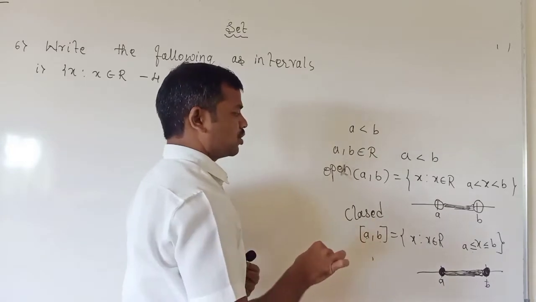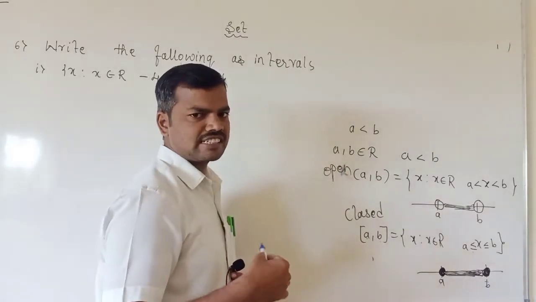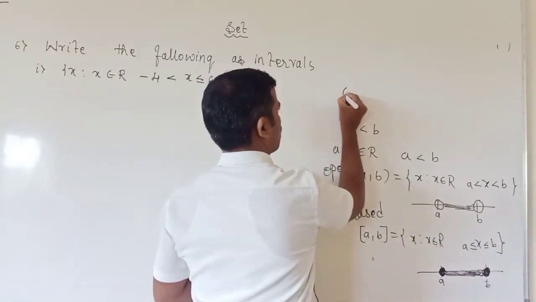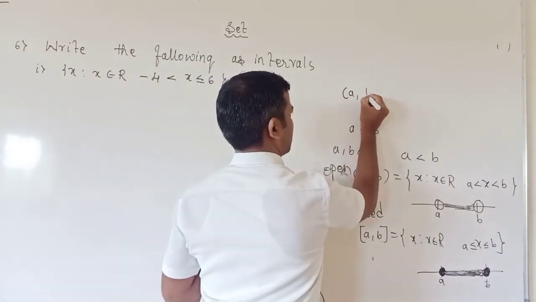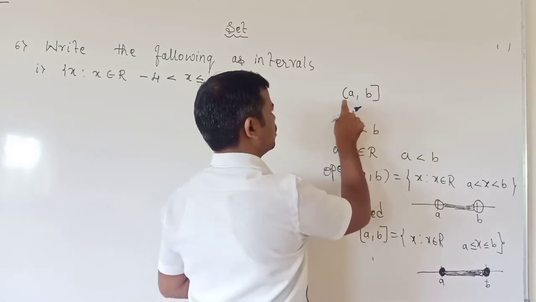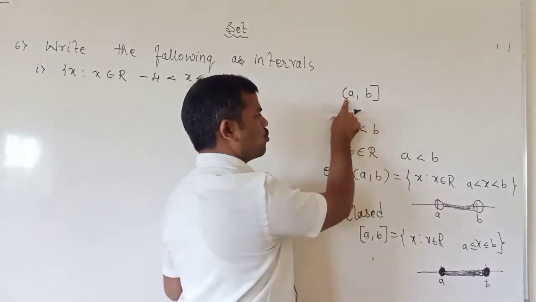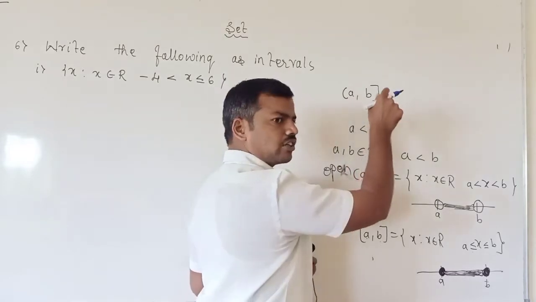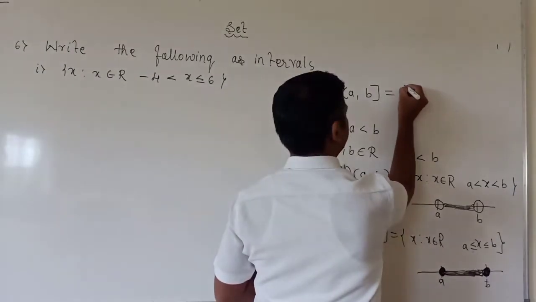Next we come to open closed, which we call semi open. One side is open and the other side is closed. If we use a open, it means it is not included, and closed means it is included. How do we write that in set builder form?